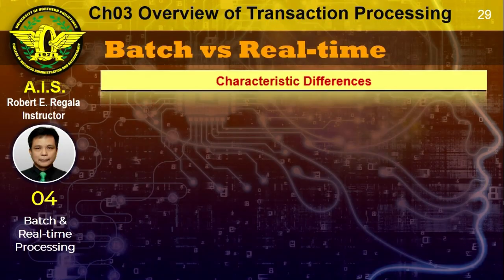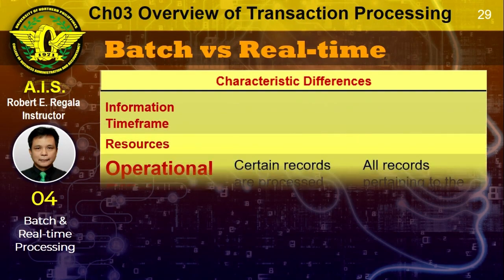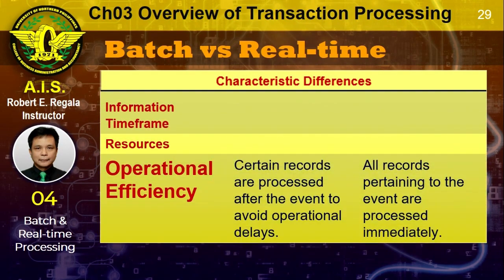The third and last characteristic difference is operational efficiency. Real-time processing in systems that handle large volumes of transactions each day can create operational inefficiencies. A single transaction may affect several different accounts. Some of these accounts, however, may not need to be updated in real time.